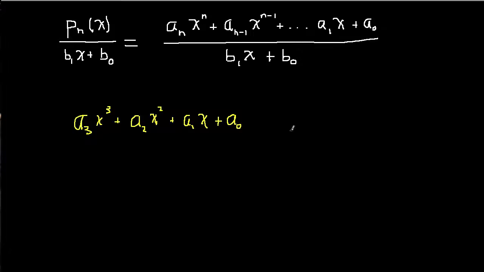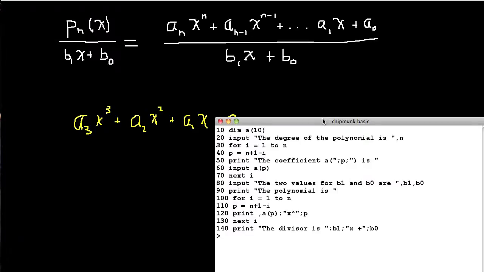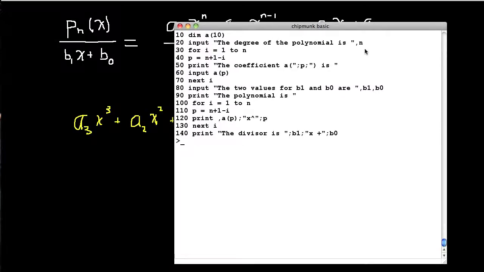I forgot about the fourth coefficient in my first attempt at the program. So if the polynomial was third degree, I would only ask for 3 coefficients. I need to put in 4.